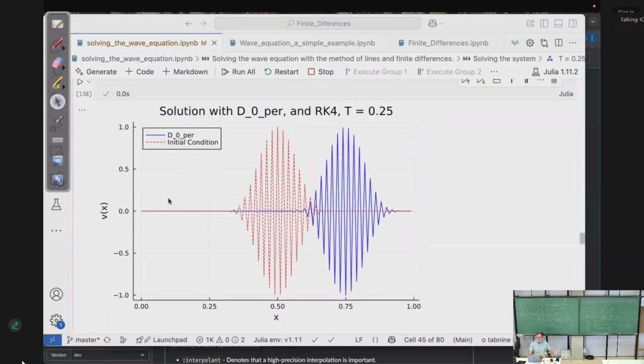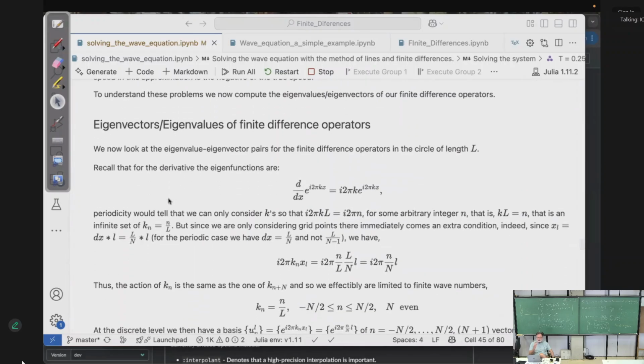So here, to understand all these things, we compute the eigenvectors and eigenvalues for finite difference operators. Remember, we did the other day for the continuum derivative operator, the eigenvectors are e to the i 2 pi kx for whatever k is, and the eigenvalue is this imaginary value, i 2 pi k.